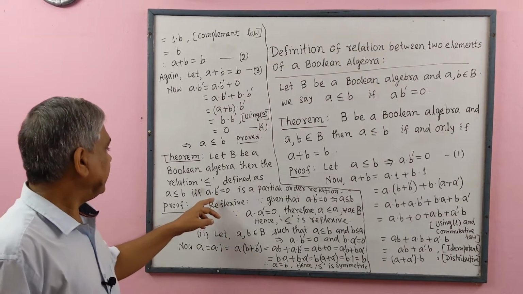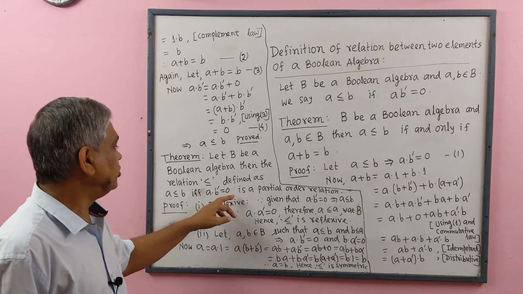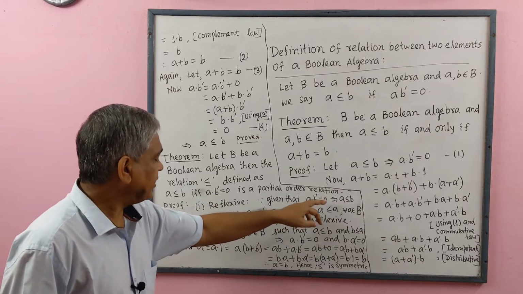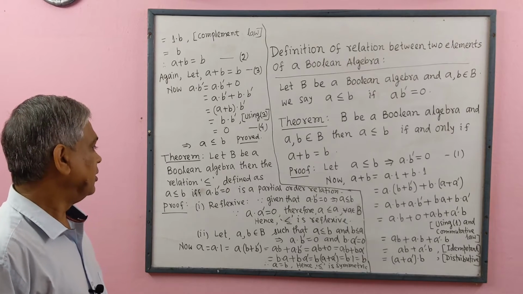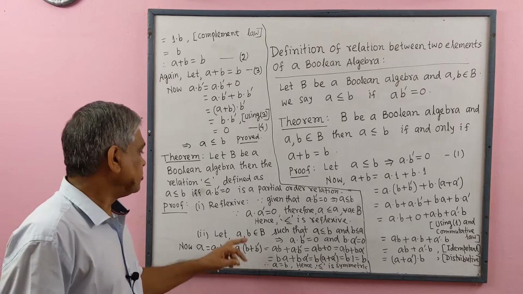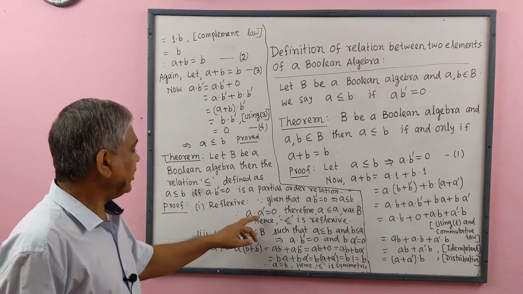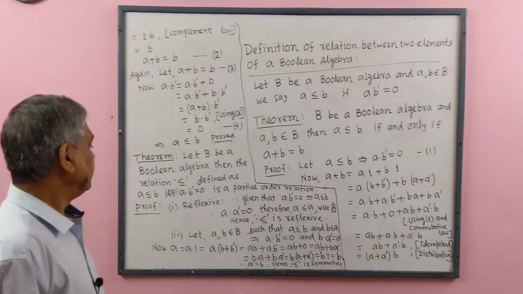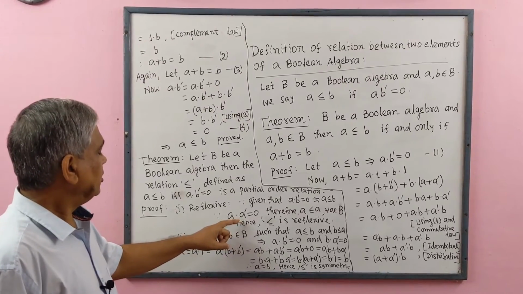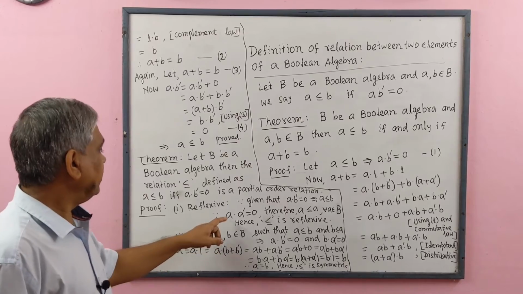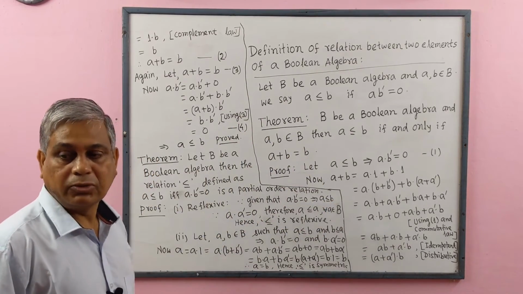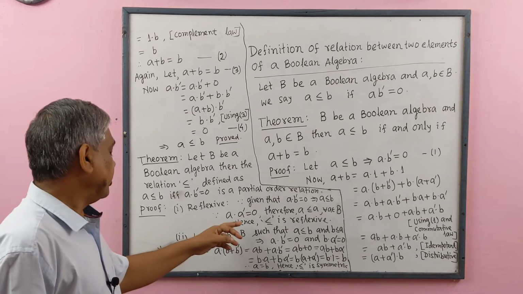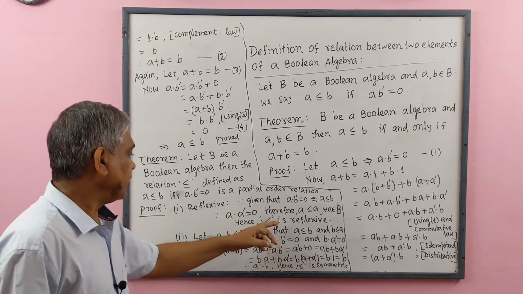Since given that a dot b prime equals 0 implies that a is related to b, and we know that a dot a prime equals 0 by complement law, therefore a is related to a for all a belonging to B. Therefore this relation is reflexive.